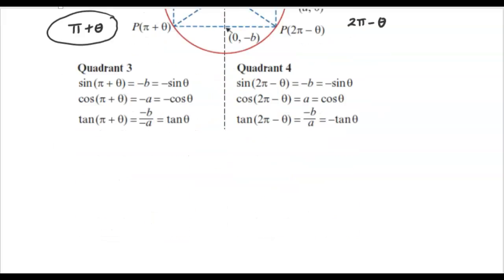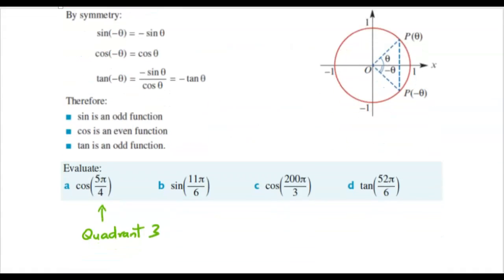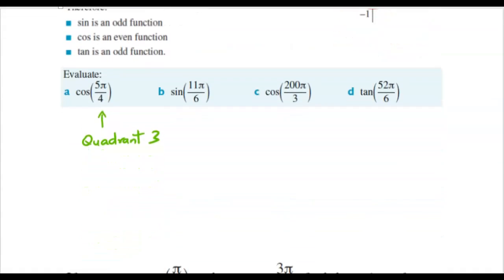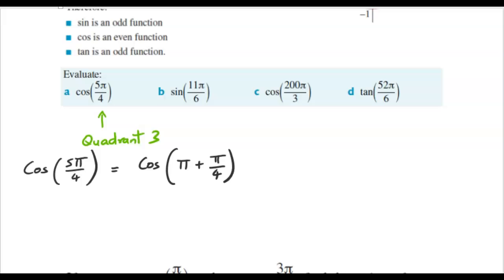So let's go back to this question again. So I've got cos 5 pi on 4. If I divide 5 pi by 4, I'm going to have cos of pi plus pi on 4. Now in the third quadrant, the only ratio that is positive is the tangent ratio.